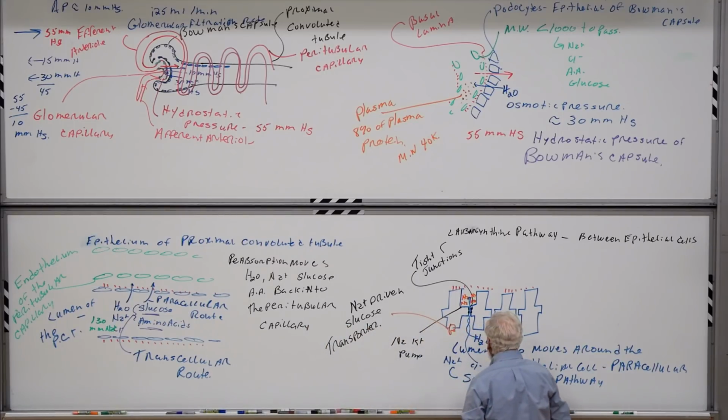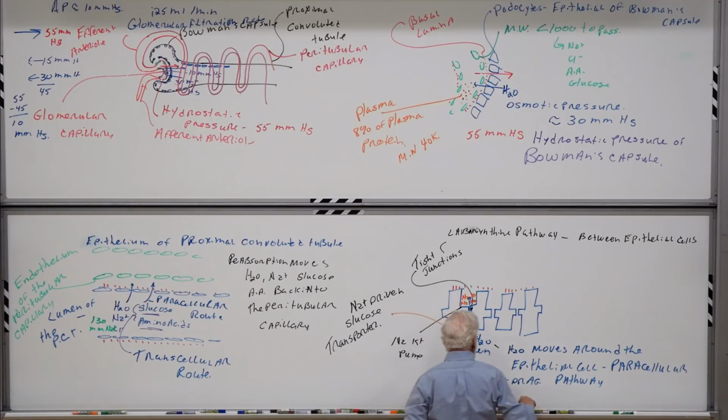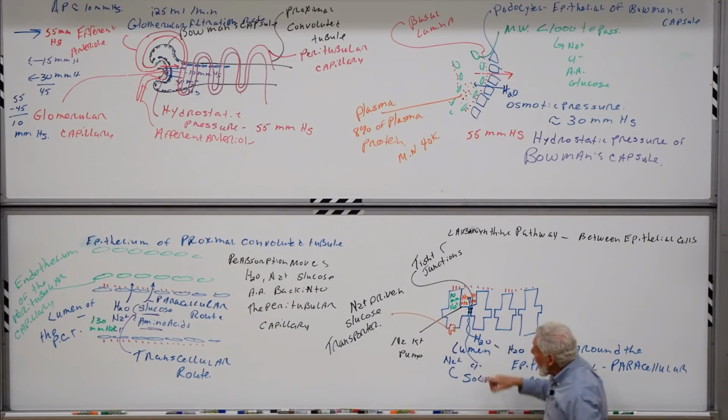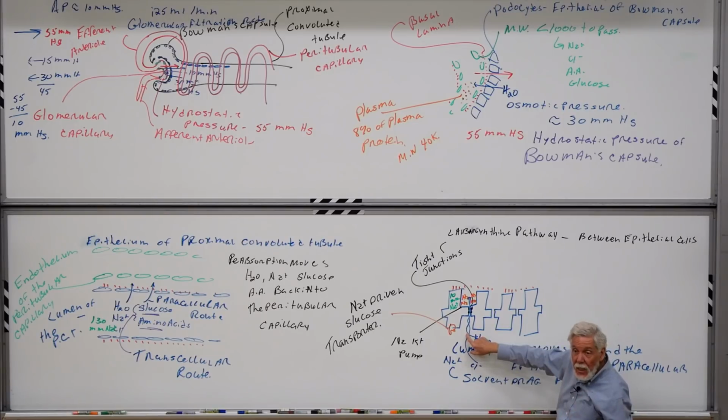Typically, anytime you look at the cytoplasm of a cell, the concentration of sodium inside the cytoplasm is about 10 millimolar sodium. So now we have 13 or 14 times as much sodium on the outside as on the inside.